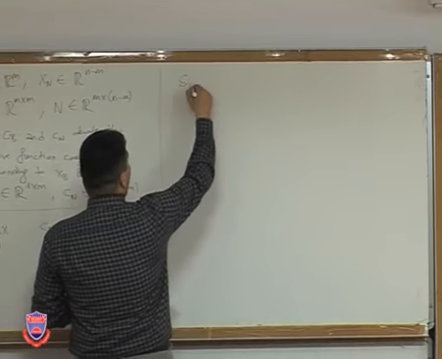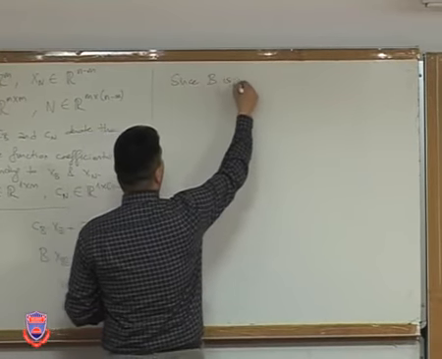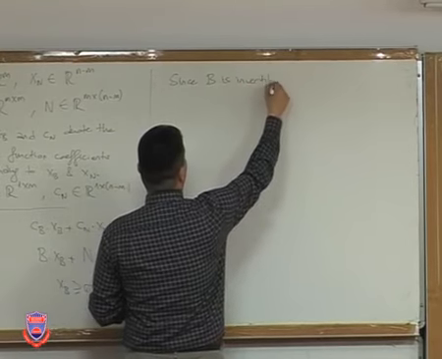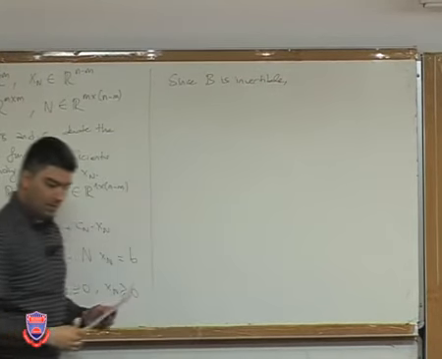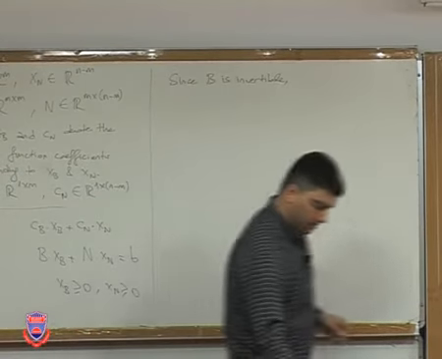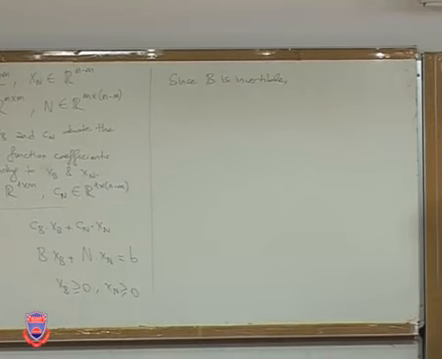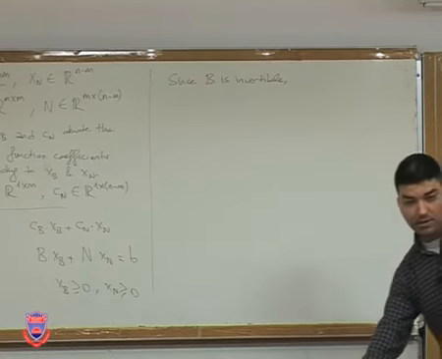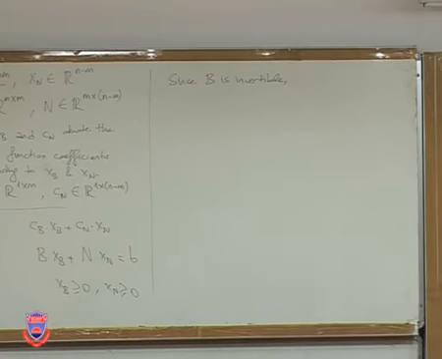Now, since B is invertible, now why is B invertible, of course? Well, it's a square matrix, that's important, but not every square matrix is invertible, right? Exactly.